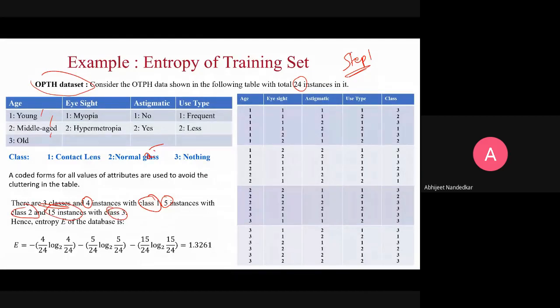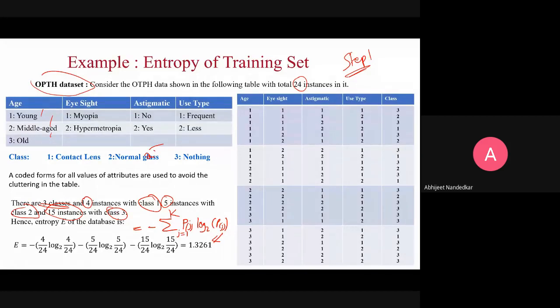So use your entropy formula: negative probability times log 2 probability, summed over all the classes, j equal to 1 to k, minus p of j log 2 p of j. This is just the expansion of that.